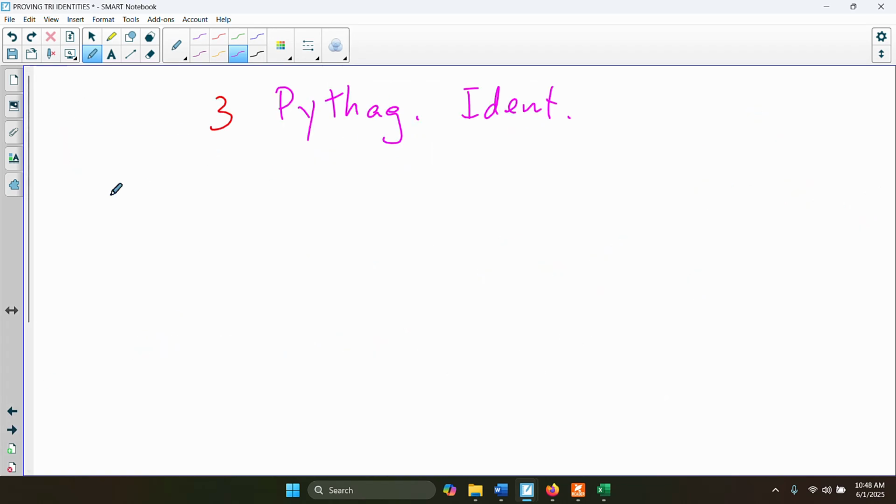But anyway, once you memorize it, if you want to call it that: sine squared of theta, or x, I'll just use x for instance, plus cosine squared of x equals 1. So this is a super, super important one.